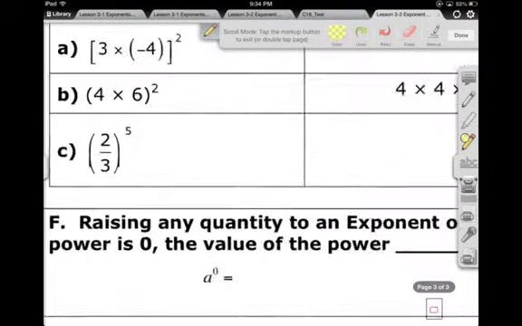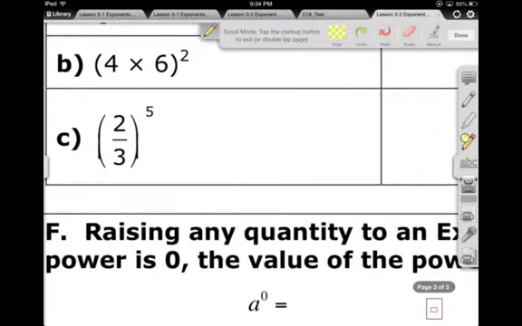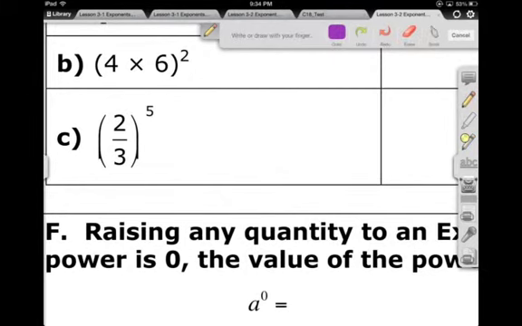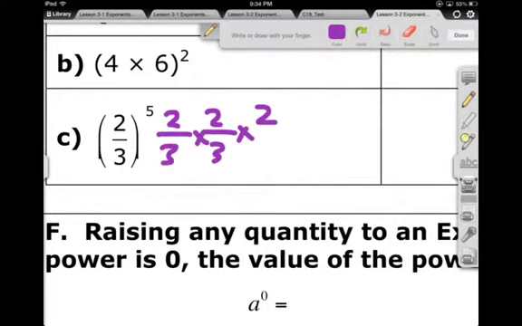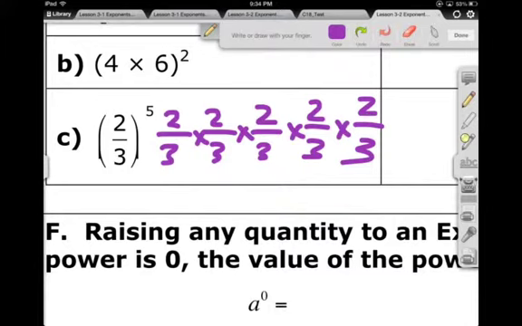We'll come down to this example C right here. 2/3 to the 5th. Okay, so let's go the long route. It's like 2/3 times 2/3 times 2/3 times 2/3, and you get the idea. Well, there's 5 2's on the top, 5 3's on the bottom.